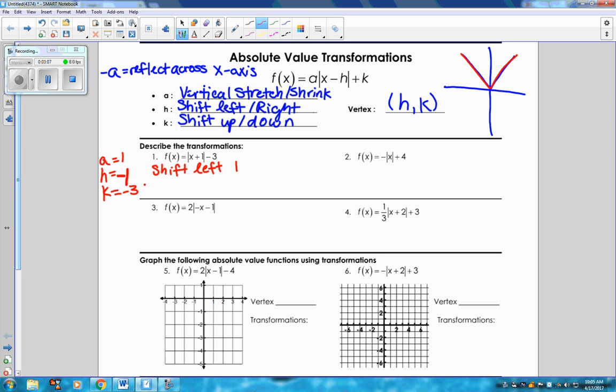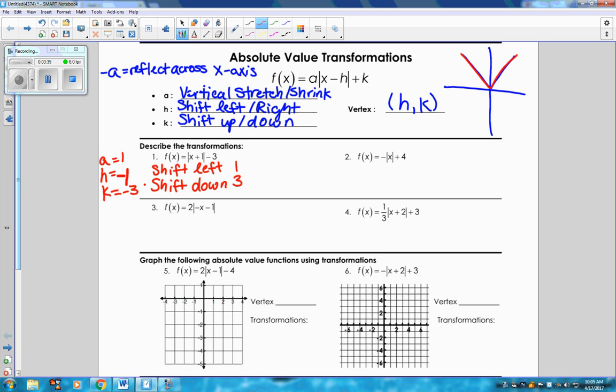And because K is negative 3, we're going to shift down 3. If you don't have to write out H and K, you don't have to. I just wrote it out right here so you can see where all of my numbers are coming from.